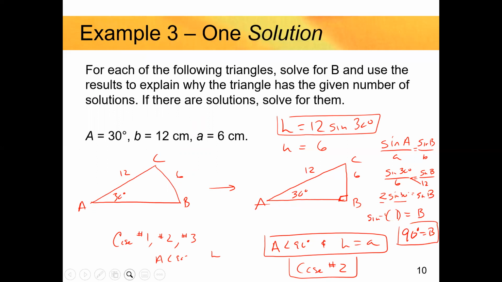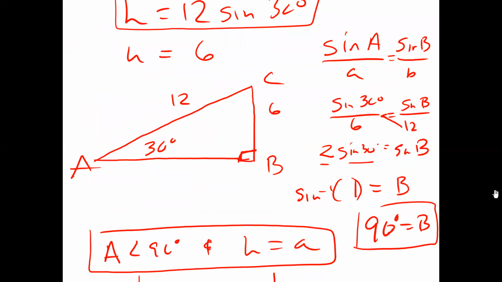There it is. Multiplying by 12 on both sides, and then 12 and 6 were reduced down to 2. And sine of 30 degrees is 1/2. We've been working with that for a little while. So half of 2 would be a 1. And then plug in sine inverse of 1 into your calculator and see what happens.